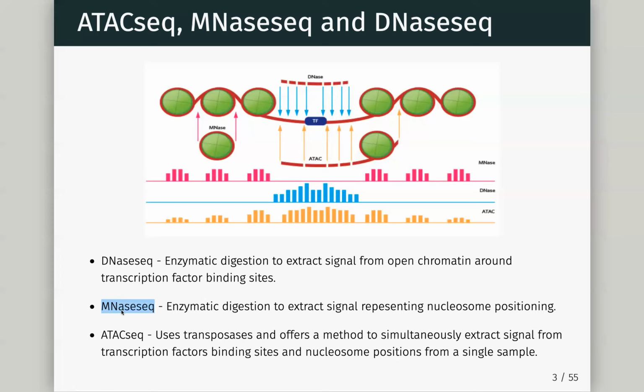ATAC-seq actually allows you a method to simultaneously extract signal from both this open region between nucleosomes, and then to a lesser extent, you're going to get reads from around nucleosomes. And the more compact the chromatin is, the less reads you get.